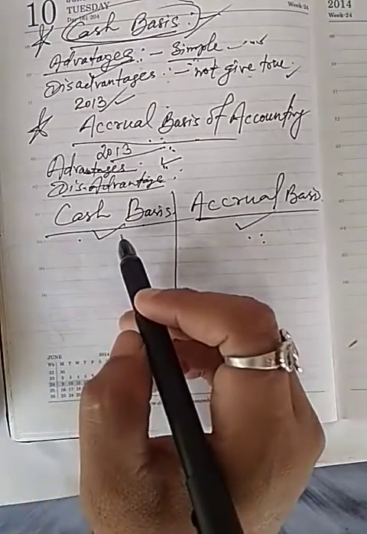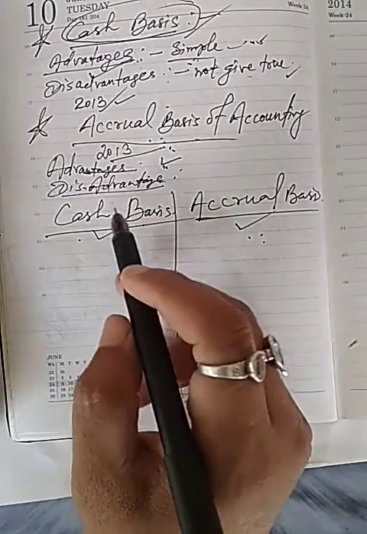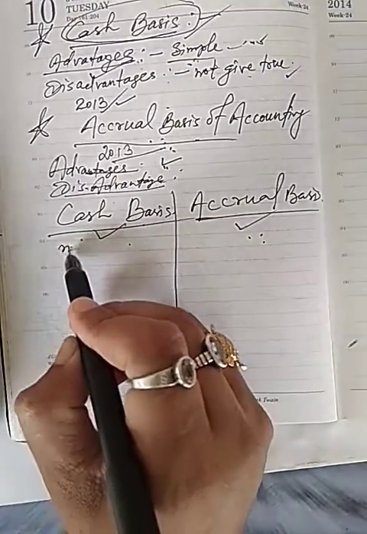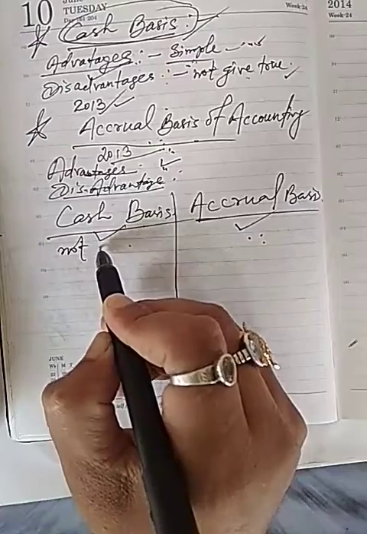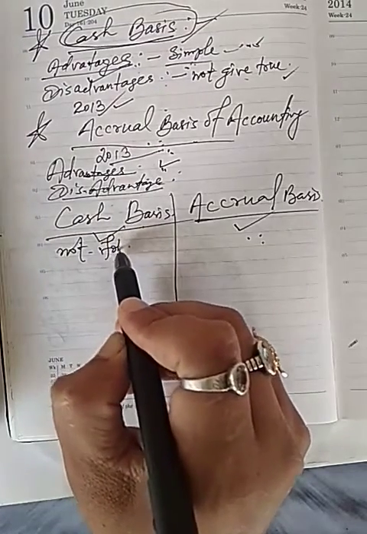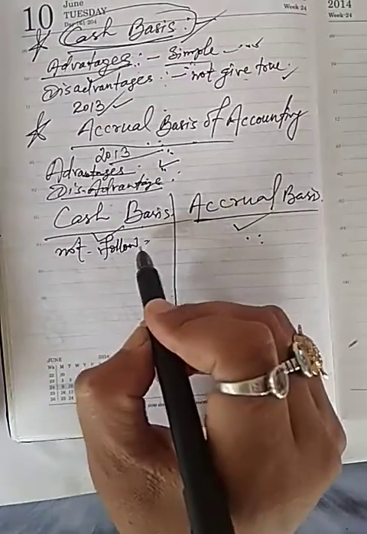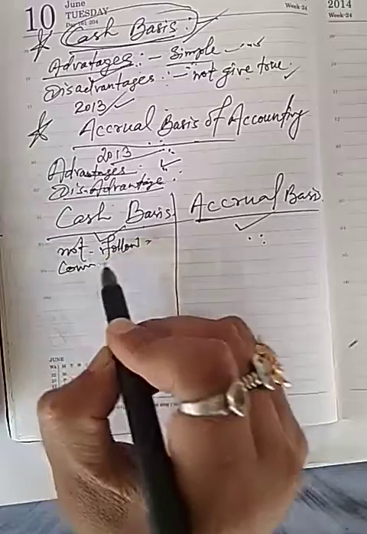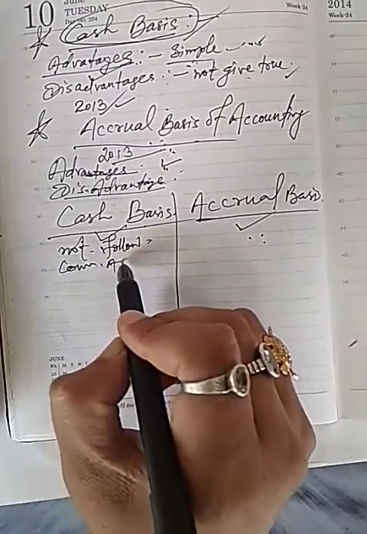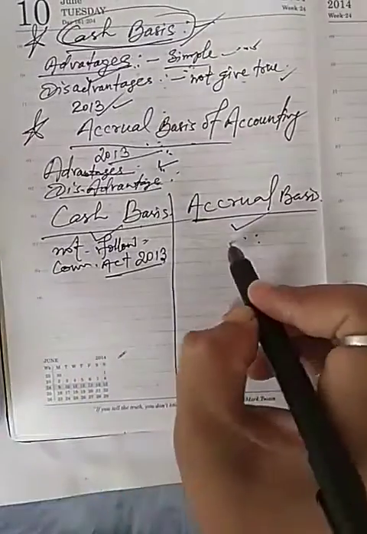Third point, cash basis does not follow the rule of the Companies Act 2013, but accrual basis follows it.